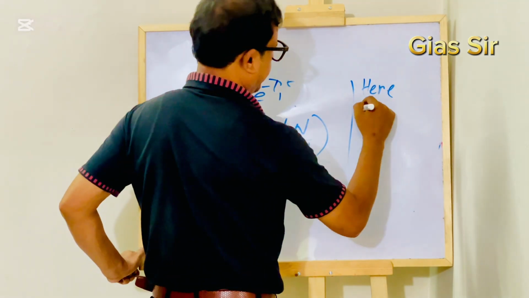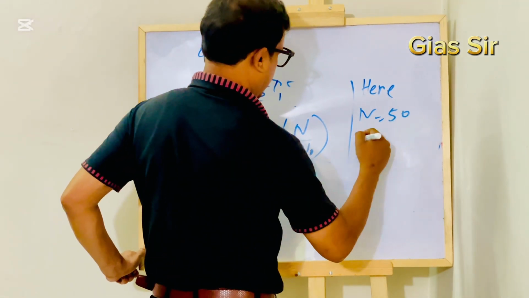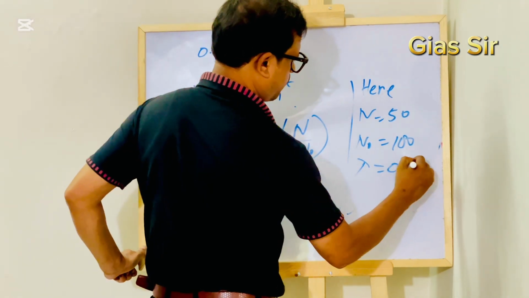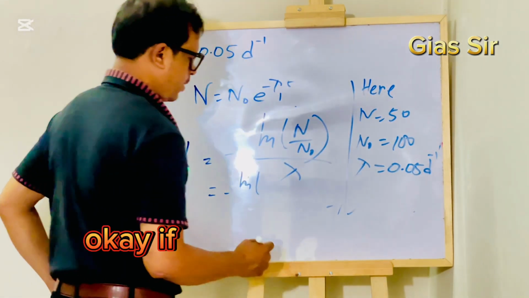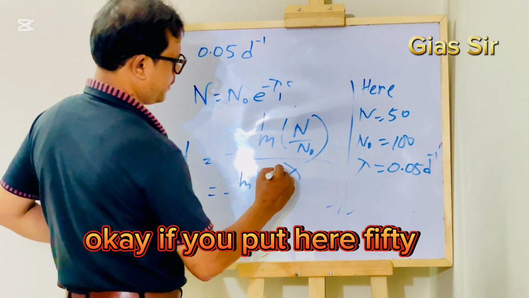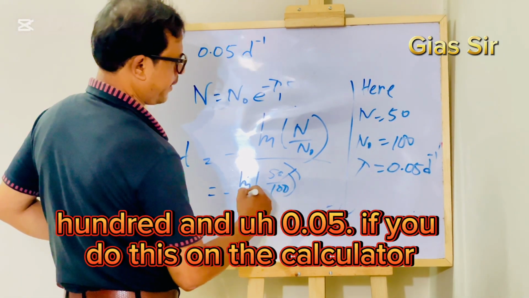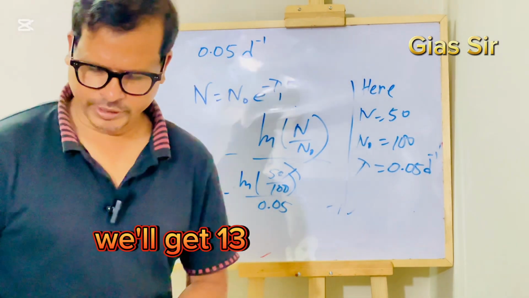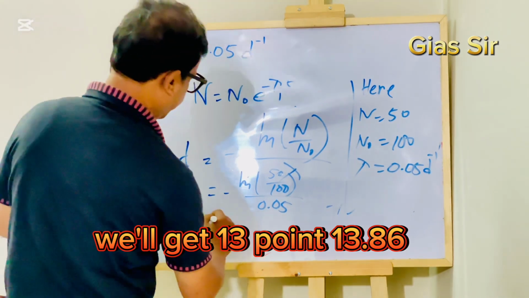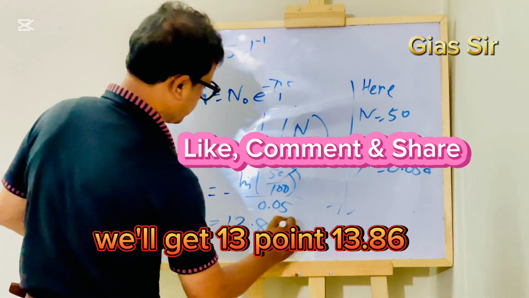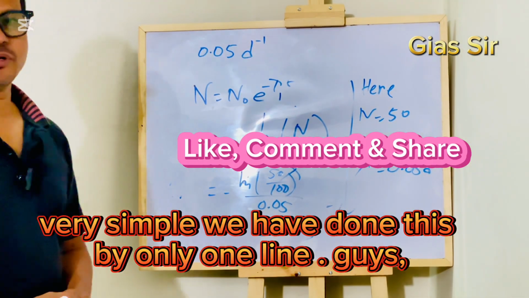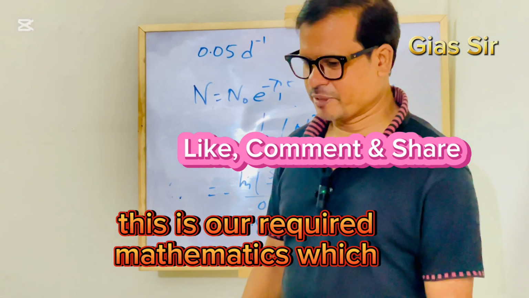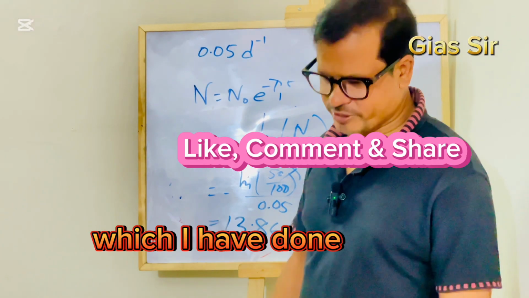Here N equals 50, N naught equals 100, lambda equals 0.05 per day. If we put 50, 100 and 0.05 into the calculator, we will get 13.86 days. Very simple. Guys, this is our record of the mathematics which I have done now.